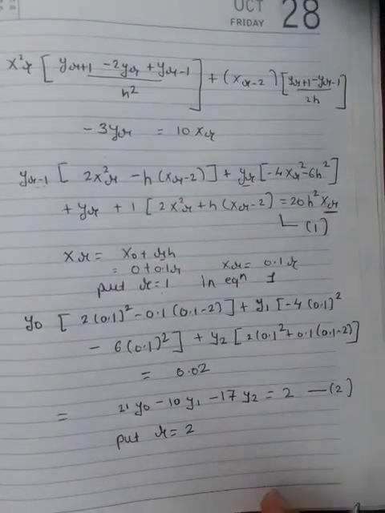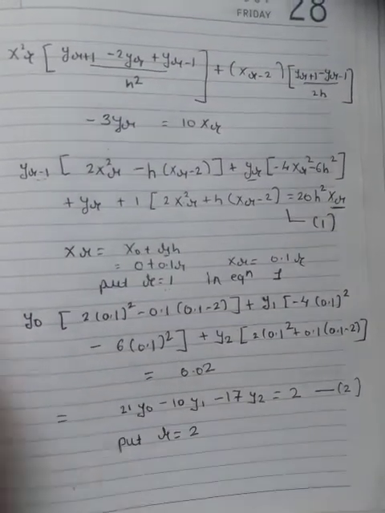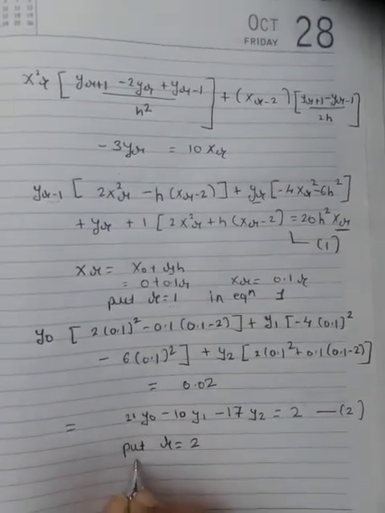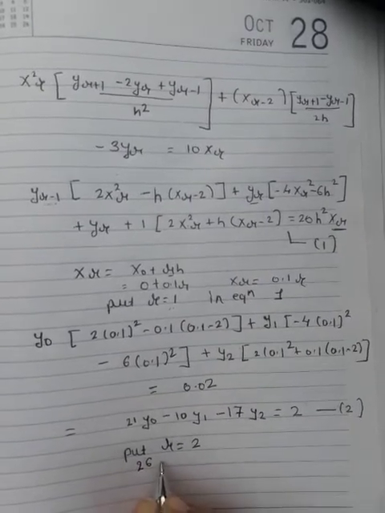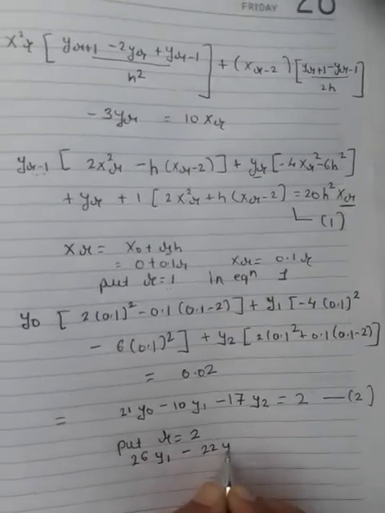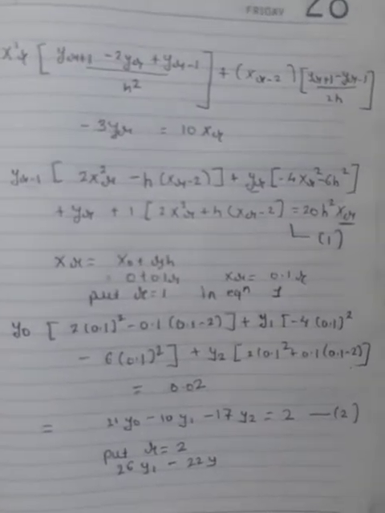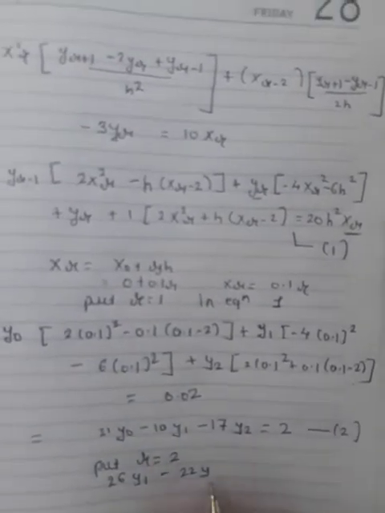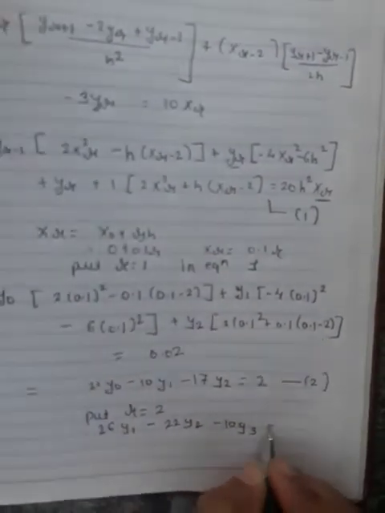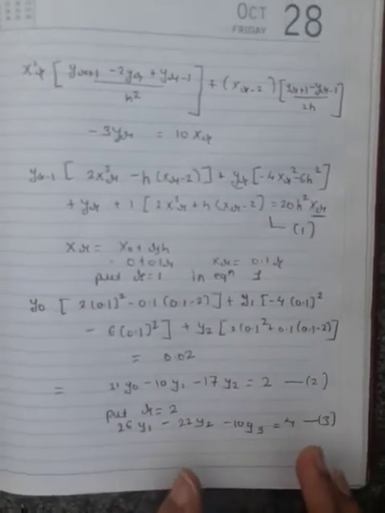After putting r is equal to 2 and simplifying, you will get 26 y1 minus 22 y2 minus 10 y3 is equal to 4. So I will name it as equation number 3.